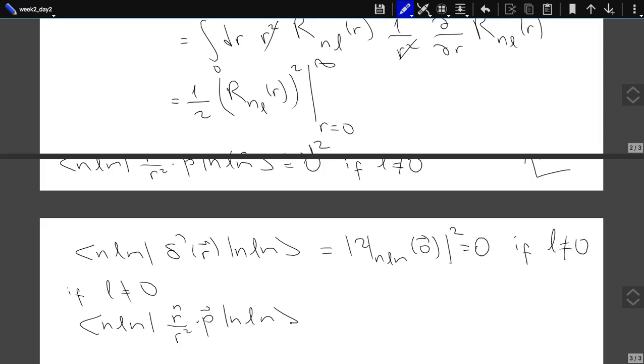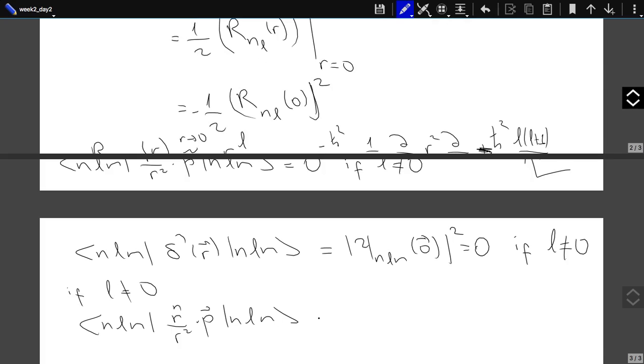We had evaluated it above. It was 1 over 2 R NL squared, etc. Well, this one is equal to minus 1 over 2 R. Well, L is 0, M is 0 now. Zero, zero, zero, zero, and 0, 0 squared.